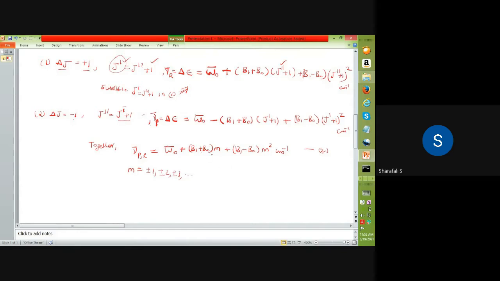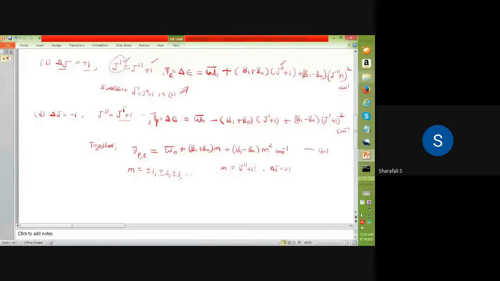The m value is associated with j' plus 1 and j'' plus 1. When delta j equal to plus 1, it is associated with j'' plus 1. So m can take values j'' plus 1 when delta j is equal to plus 1, and this is positive.